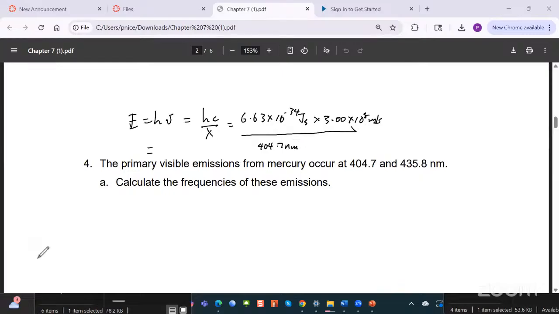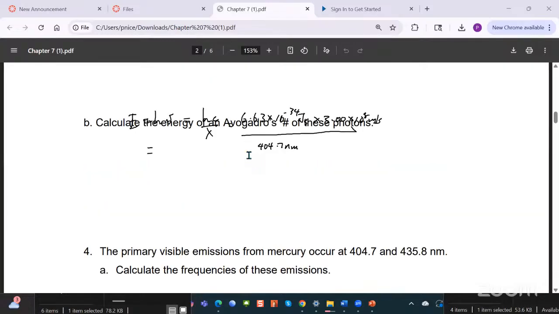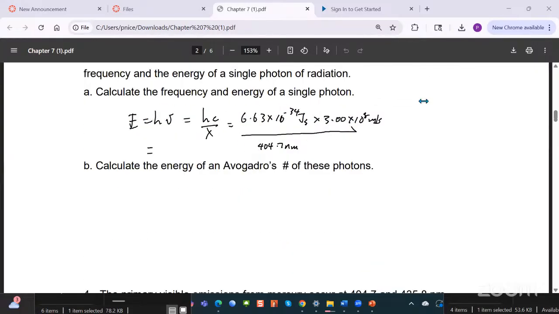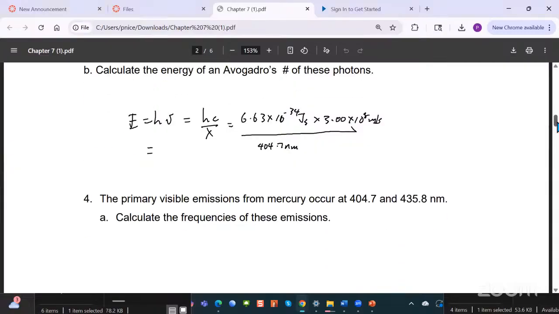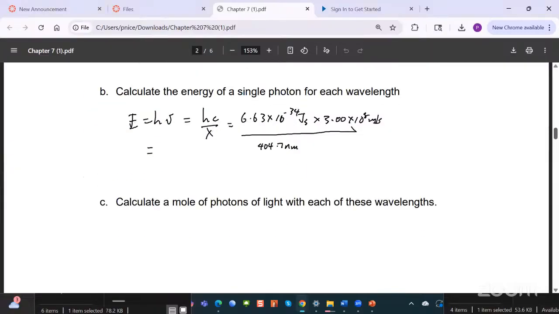And what do we need to do next? Okay, convert nanometers to meters.